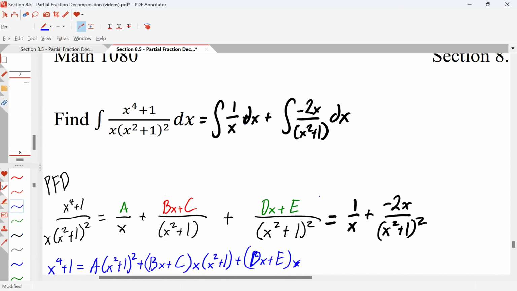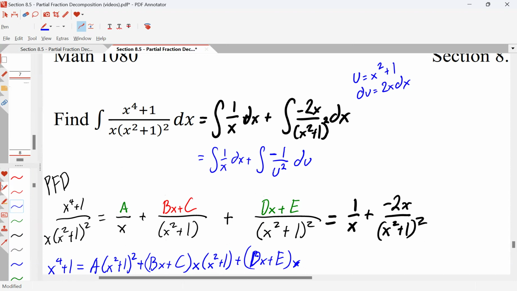Actually walk through the u sub here that keeps being used. This is u equals x squared plus 1. There's a squared on this term from down here. Du equals 2x dx, meaning this second integral is the integral of negative 1 over u squared du.